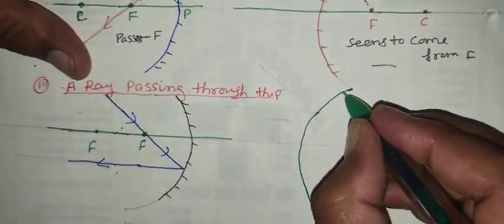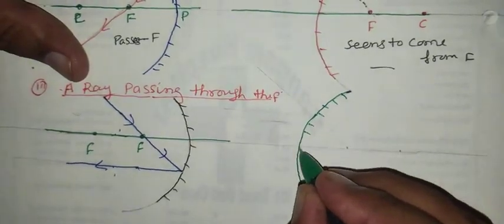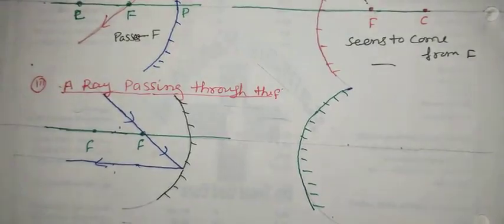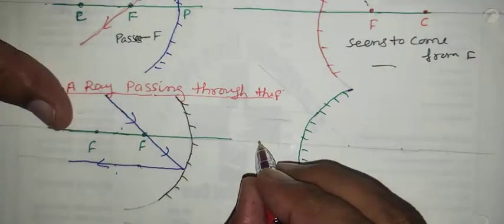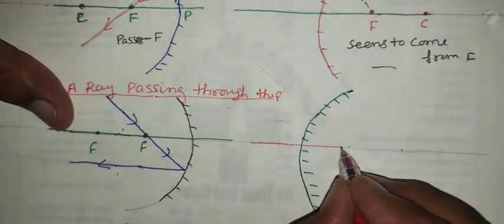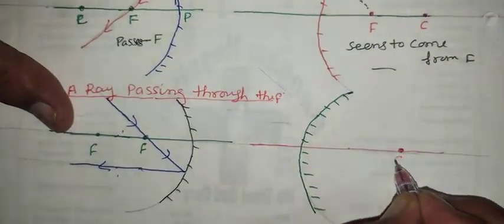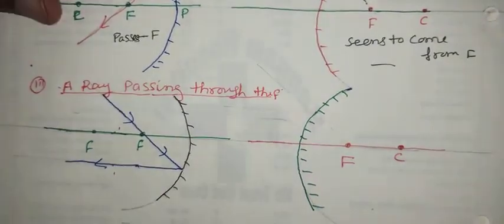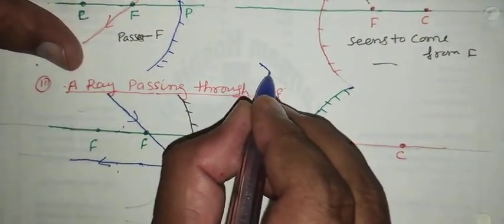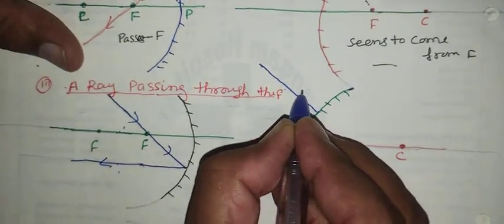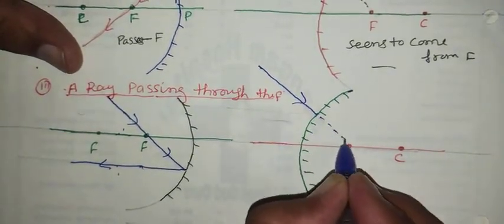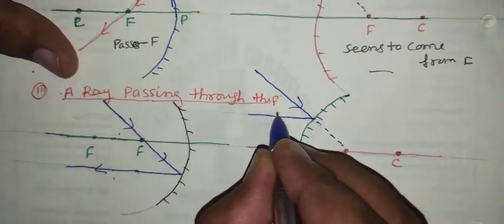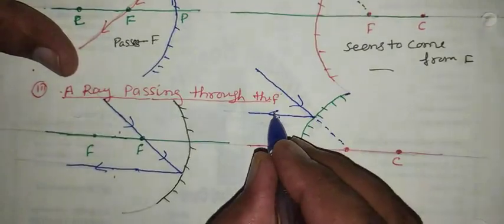In the convex mirror, take the principal axis, center of curvature, focus, and if we take a ray of light that seems to meet at the focal point F, then after reflection it becomes parallel to the principal axis.